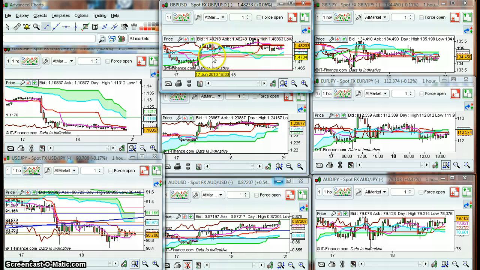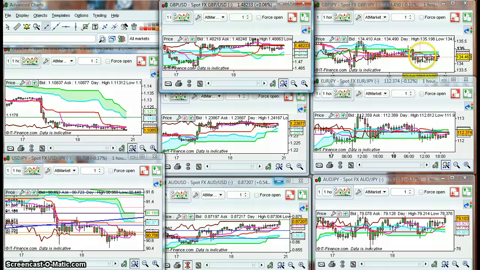It's tested it the once, it's done a bit of a retrace, and it's now sitting right back up here, which is 50% of that to that. It's sitting right at the halfway mark, and if we can get above that 50% of the last daily range, I can see that we can go up and test for new highs in there.